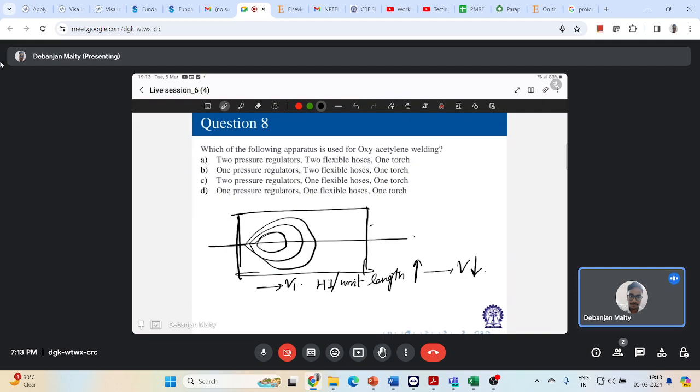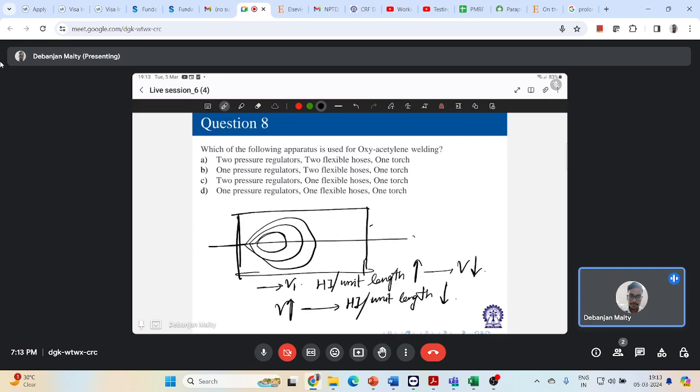At the same point of time, if your welding speed is very high, your heat input per unit length will get reduced, right? So heat input per unit length will be reducing, right? So there will be uneven bead shape and arc blow can be there, undercut can be there.